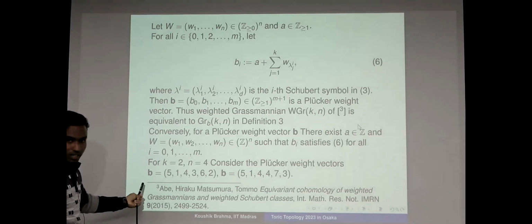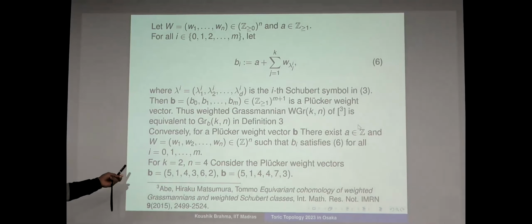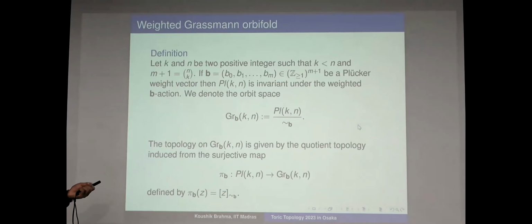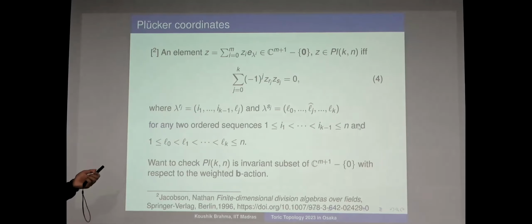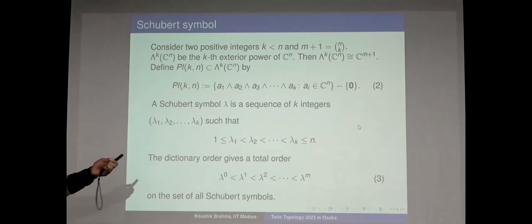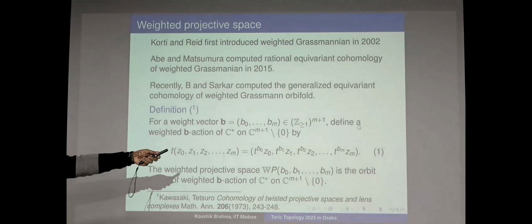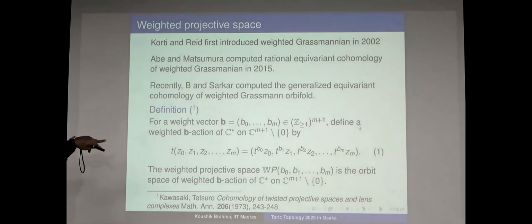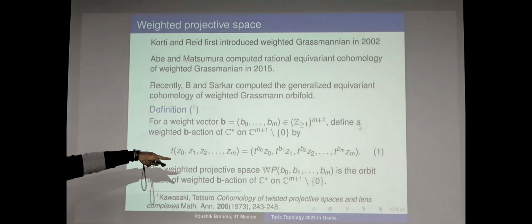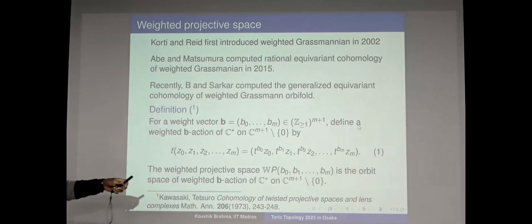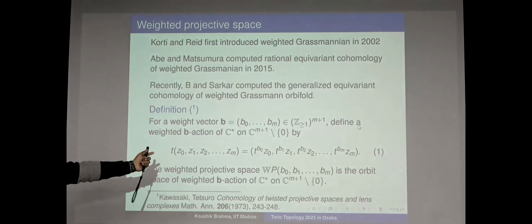For this vector B, if we consider PL24 and the weighted B action defined in 1, this PL24 will be stable with respect to this action. And we can define the quotient of PL24 by this equivalence relation, defined by this.